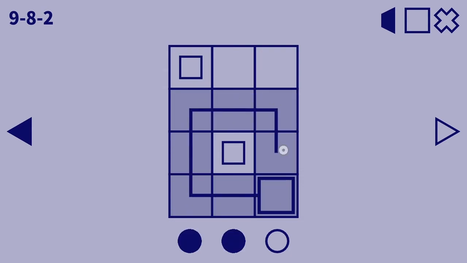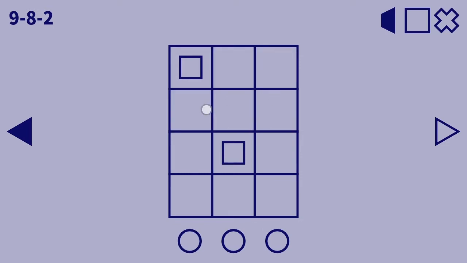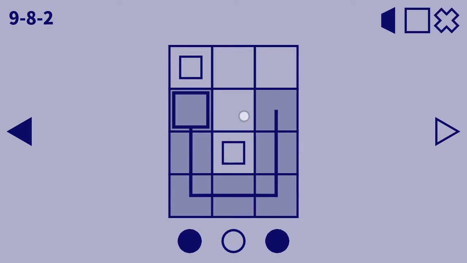I think every region needs to have a square. Oh my gosh, where's the solution for this? There.